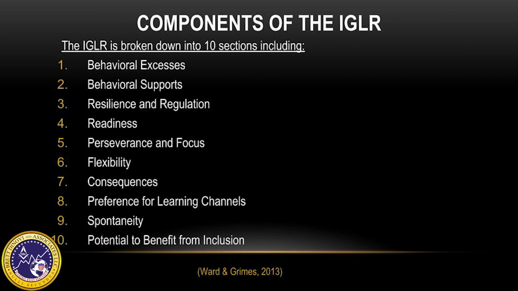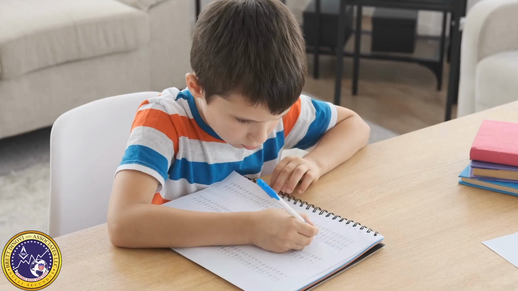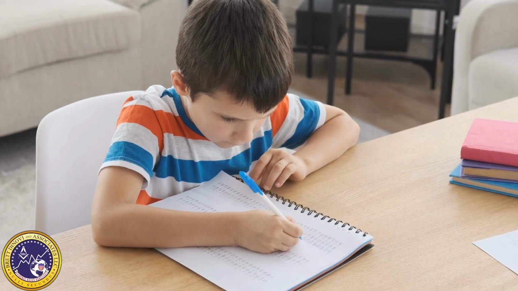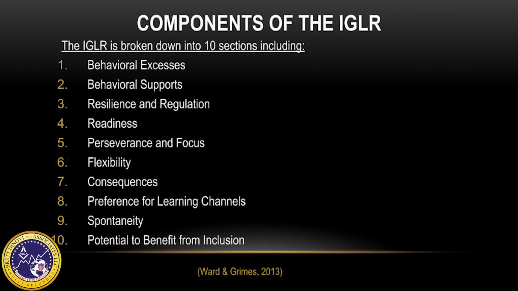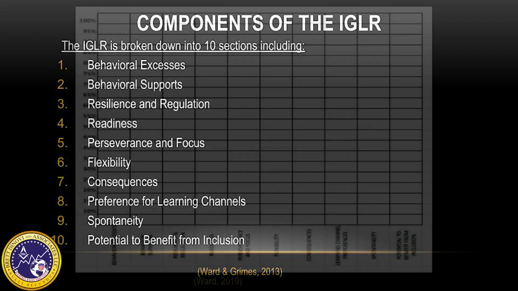The IGLR breaks down the skills just mentioned, as well as several additional skills, into 10 sections, including behavioral accesses, behavioral supports, resilience and regulation, readiness, perseverance and focus, flexibility, consequences, preference for learning channels, spontaneity, and potential to benefit from inclusion.